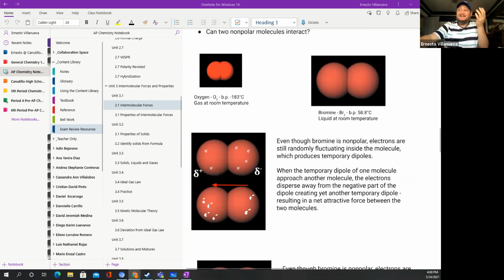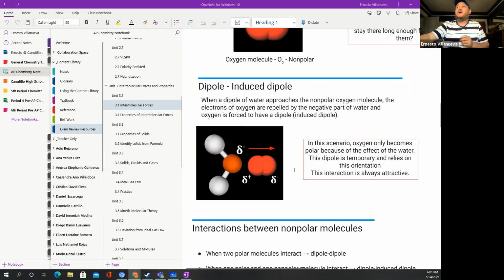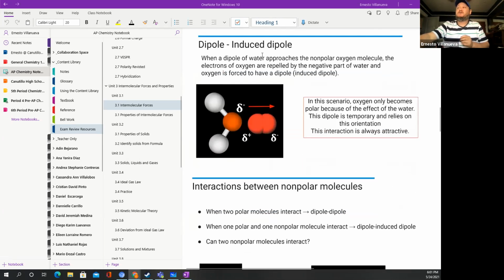And what that does is it takes a non-polar molecule and for a split second makes it polar by pushing the electrons either away because it's a negative part, or it brings them towards because it's positively charged, right? And what that does is for a split second creates a slight polarity in that non-polar molecule, and then you get that interaction, right? So when that happens, we call that a dipole-induced dipole. Okay.